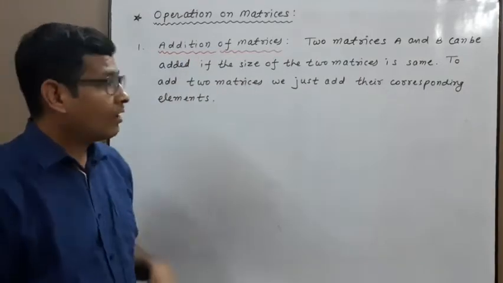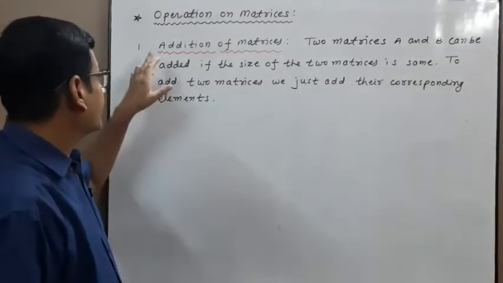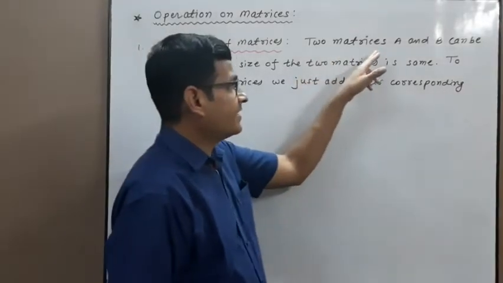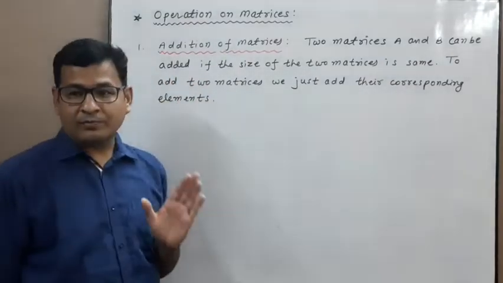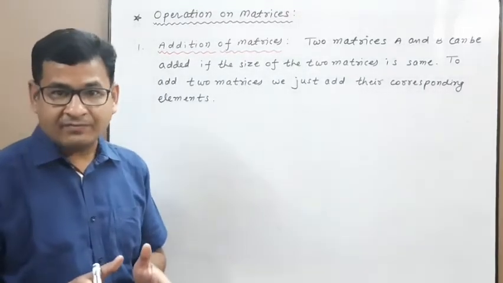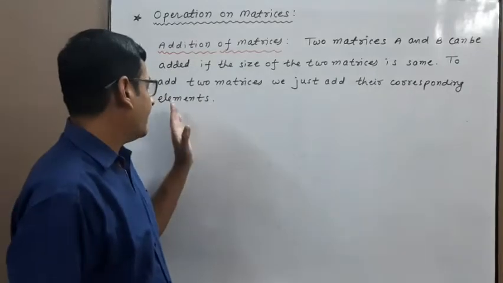Operations on matrices. First, addition of matrices. Two matrices A and B can be added if the size of the two matrices is the same. To add two matrices, we just add their corresponding elements.